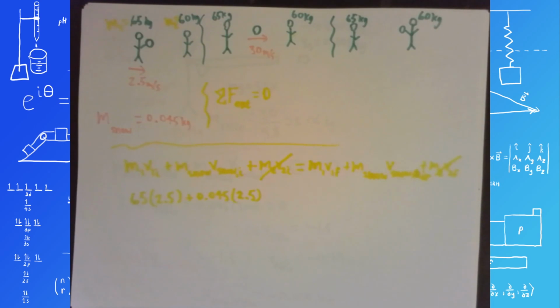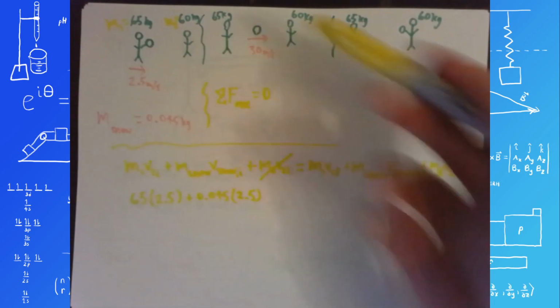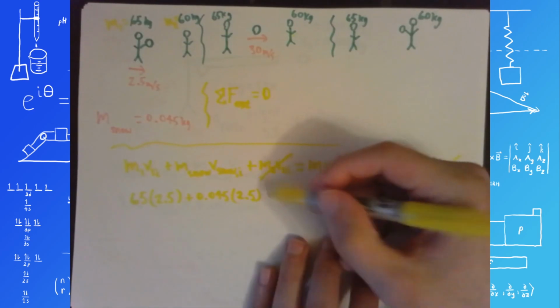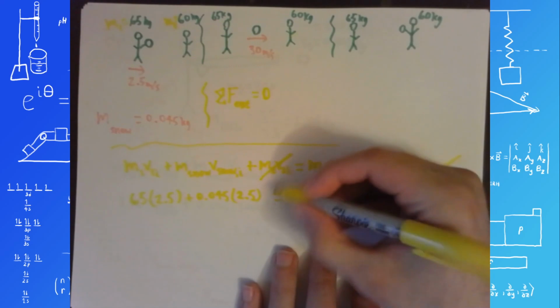The snowball is only at rest relative to the person carrying it. But relative to the ground, relative to if you were standing and watching this happen, the snowball from your perspective is moving just as fast as the person carrying it. So it's moving at 2.5 meters per second. And then plus nothing, we don't need that third term.